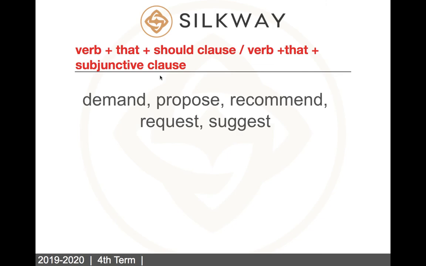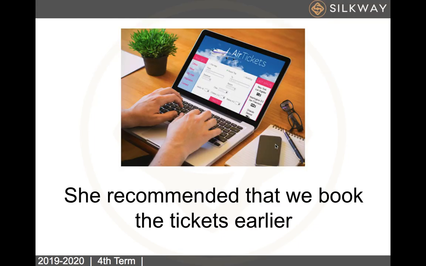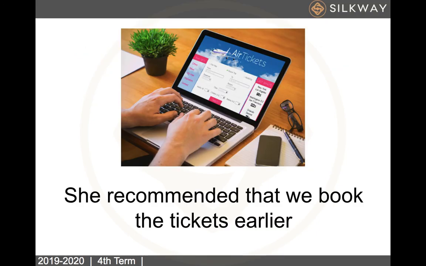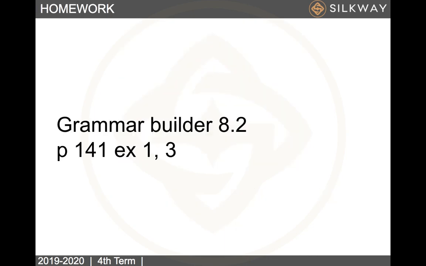Let's have a look with an example. These are verbs like demand, propose, recommend, request, and suggest. So we say she recommended that we book the tickets earlier. Okay, that we should book, or just the verb, the tickets earlier.